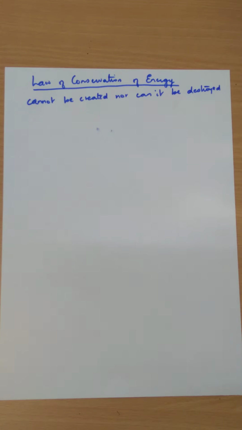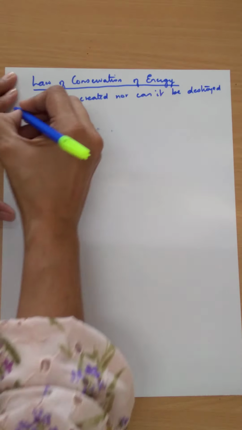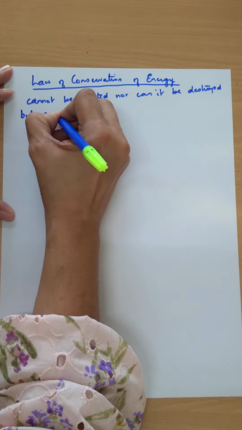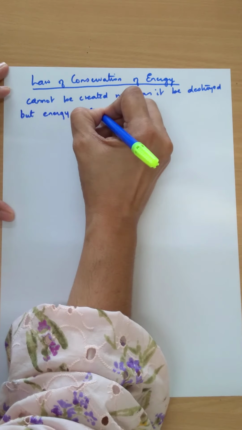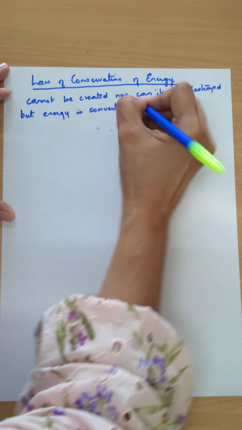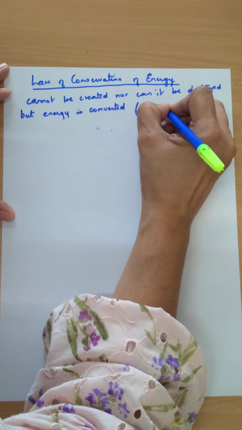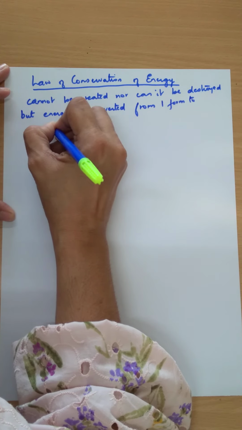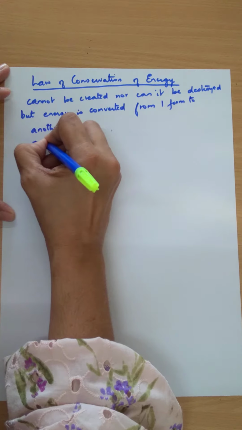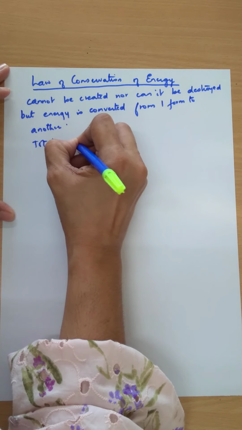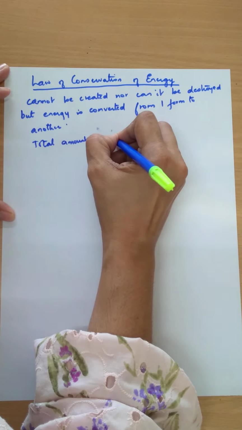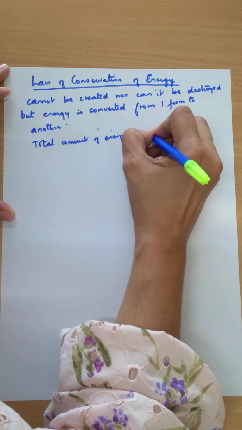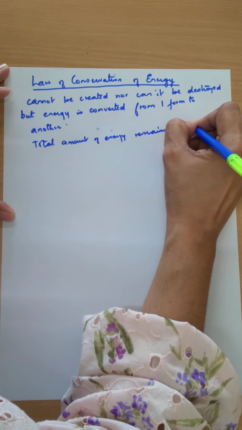Okay, so we cannot create energy nor can we destroy energy, but energy is converted from one form to another form. That means the total amount of energy remains constant.